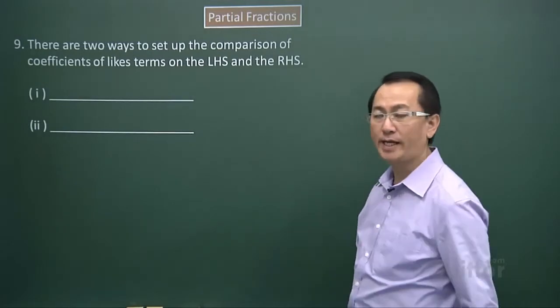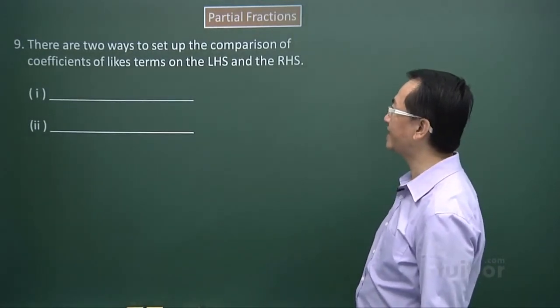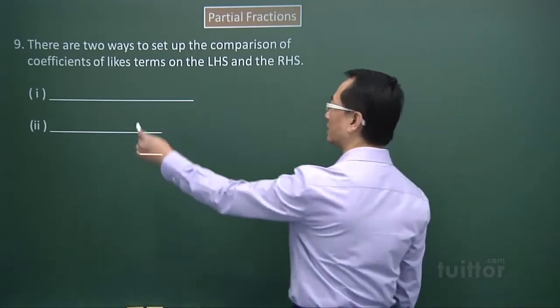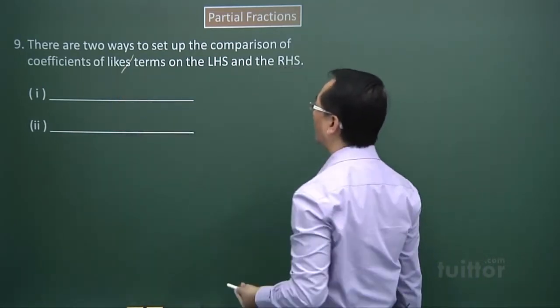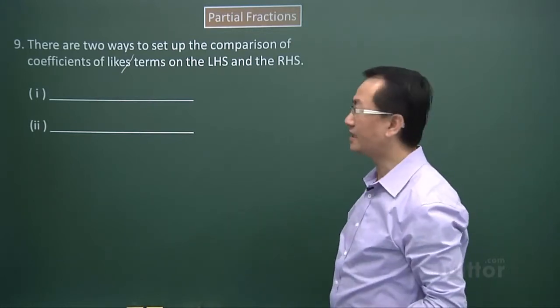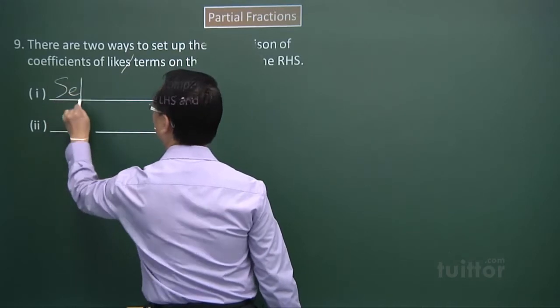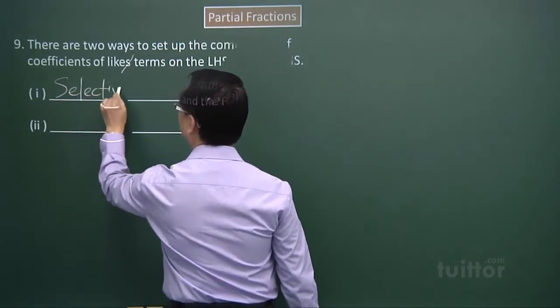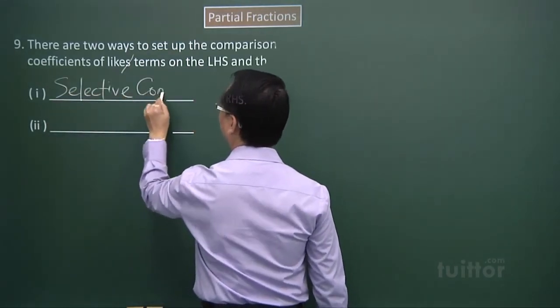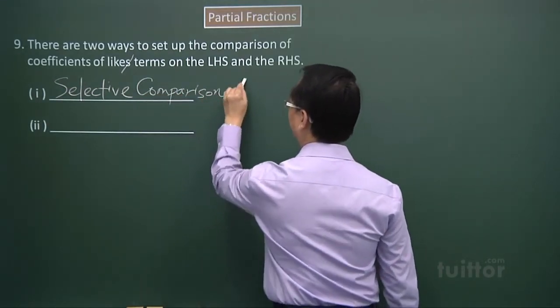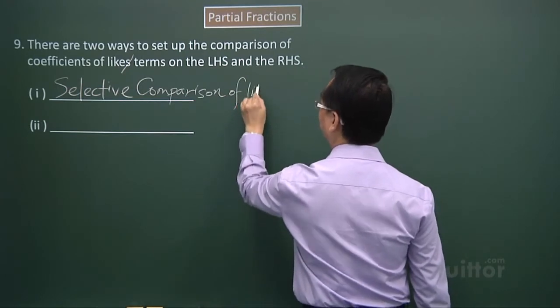Now we look at point 9. There are two ways to set up the comparison of coefficients of like terms on the left-hand side and the right-hand side. So the first way is just using selective comparison of like terms.